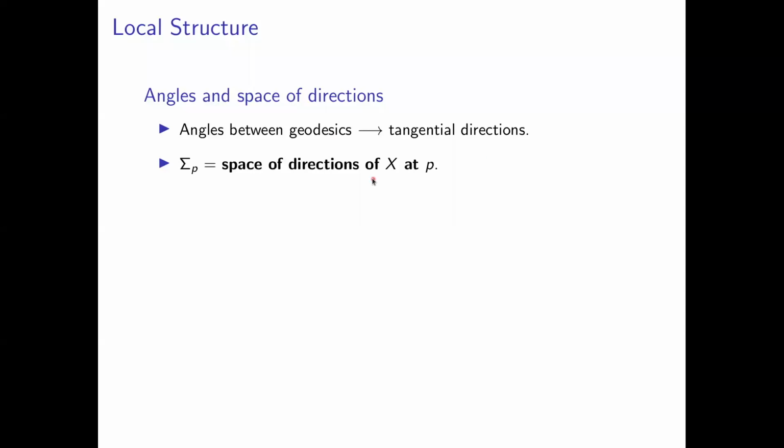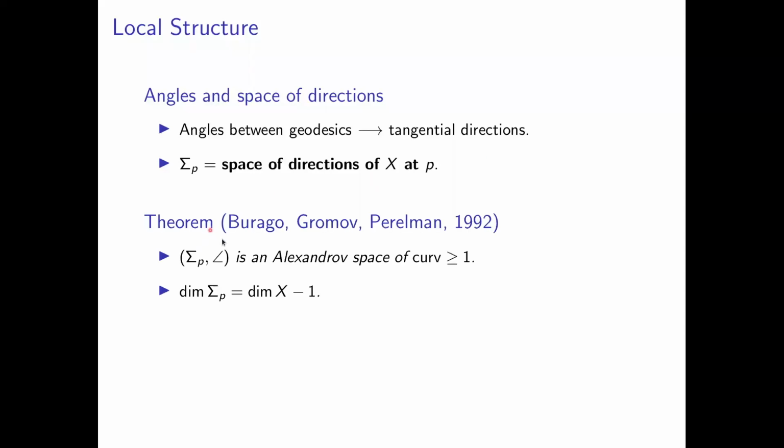And so then a basic theorem of Burago, Gromov, and Perelman, in the paper that laid the foundations for this theory, says that if you take the space of directions and put the angle metric on it, this gives you a metric space, and it has curvature bounded below by 1.